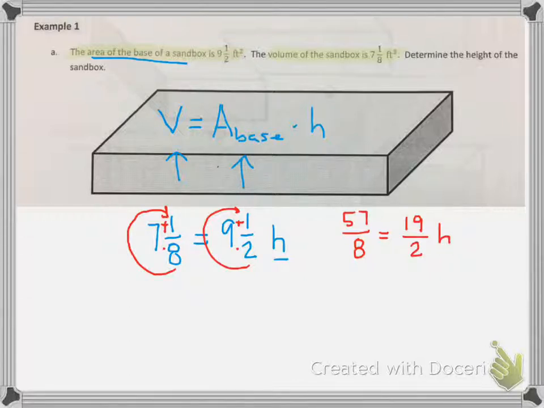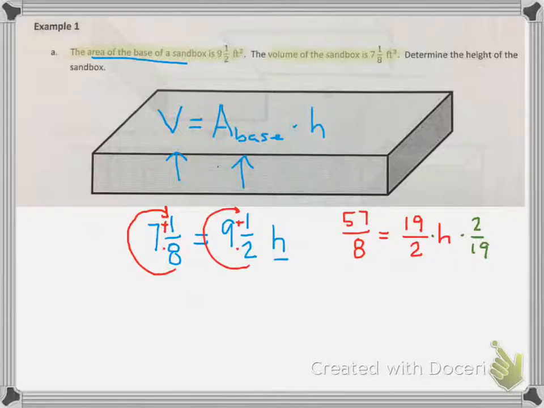And now I'm just going to use algebra, and I know that since this is multiplication between 19 halves and h, I can undo multiplication with division. So I'm going to divide by a fraction. Except I remember, I can't divide by a fraction. I have to multiply by the reciprocal. So I'm going to flip this upside down and multiply.